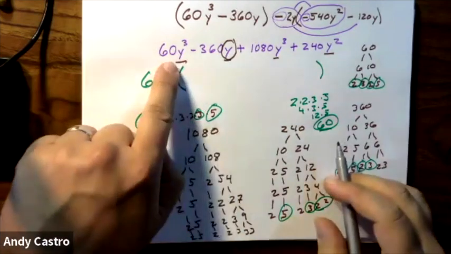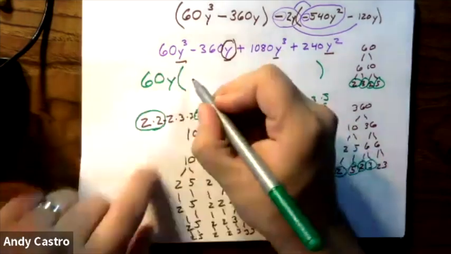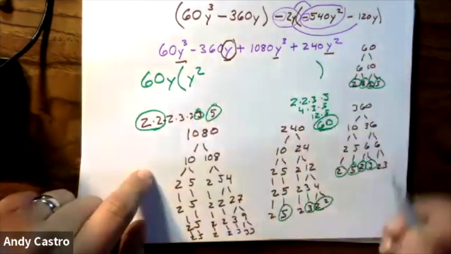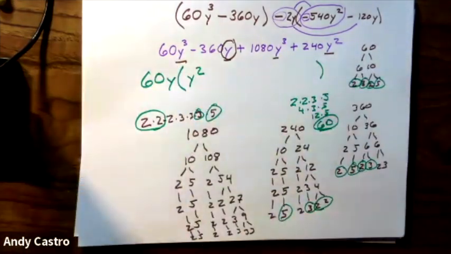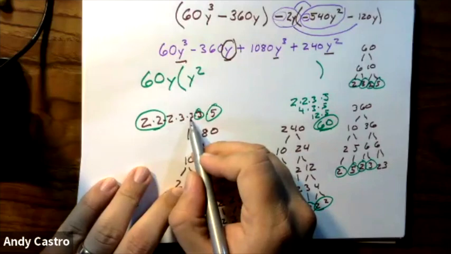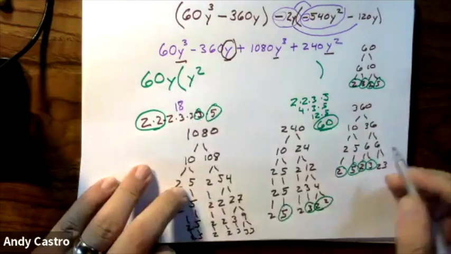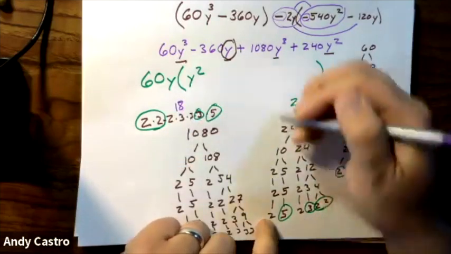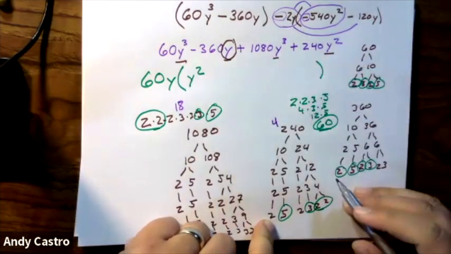So the first one's easy. If I pull a 60 out, I'm just left with the y cubed. And I pull a y out, I'm left with a y squared. All right, and I can actually calculate here what's left out of the 1080. That's 3 times 3, that's 9 times 2, that's 18. Here, it's a 2 times 2, so for the 240, I'm left with a 4.